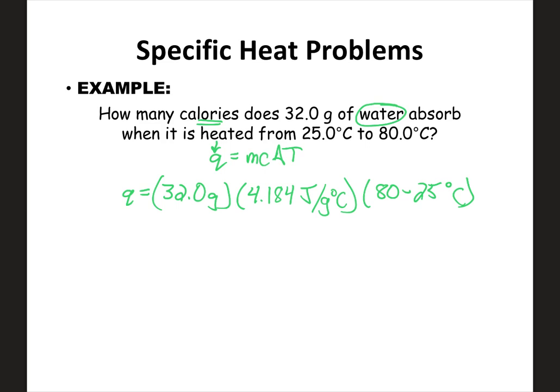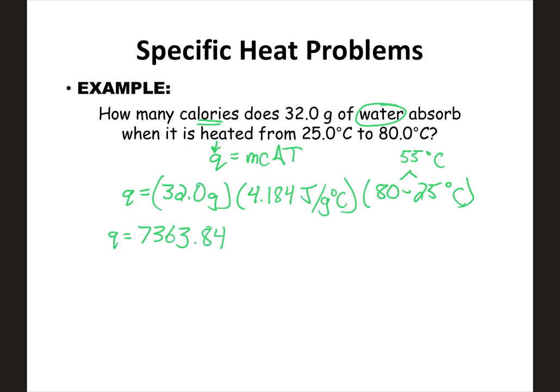So this one, the math is a little bit easier to solve. Again, I would do my subtracting first, and you get your 55 degrees Celsius. And then I would just take 55 times 4.184 times 32. When you do that, you should get 7363.84.